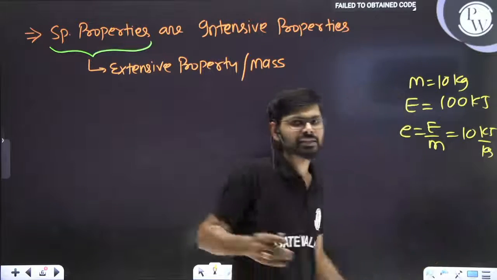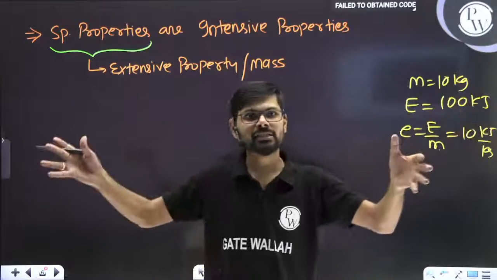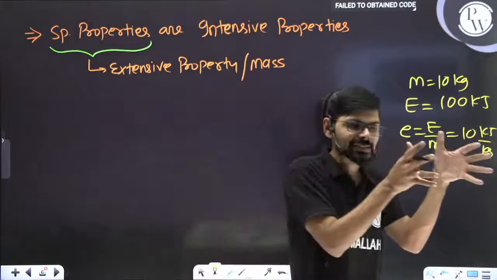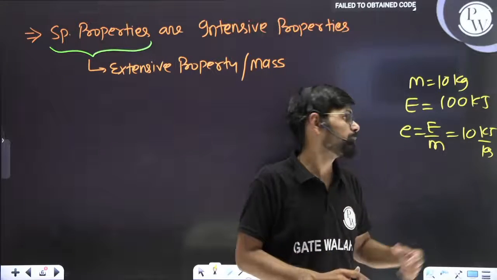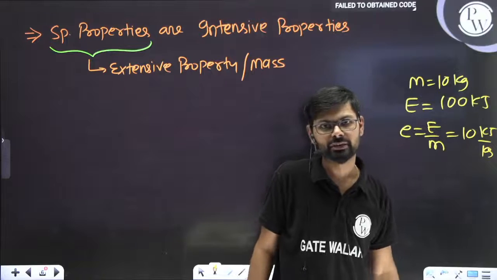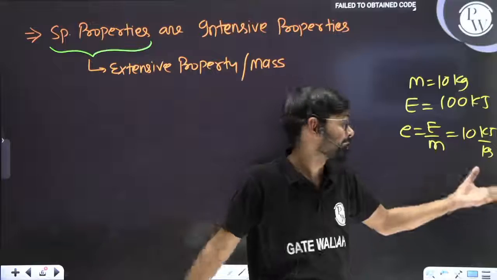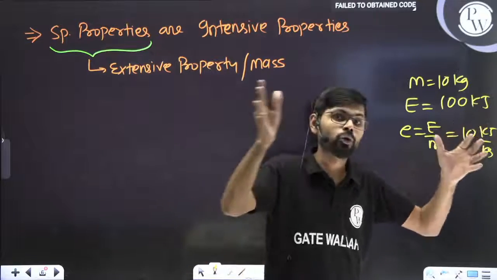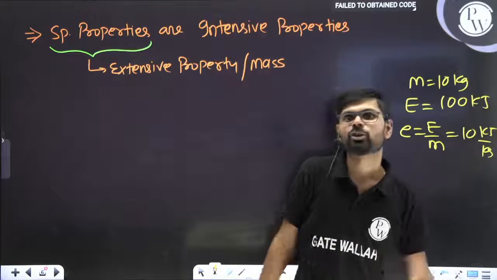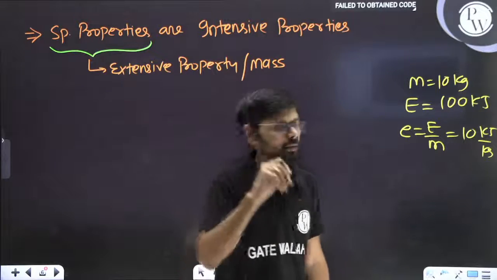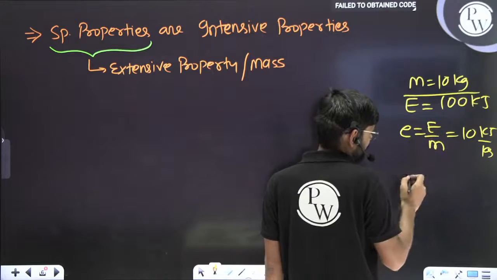It simply means that if you have 10 kg mass and you consider only 1 kg out of it, then 10 kilojoule of energy will be there in that 1 kg.